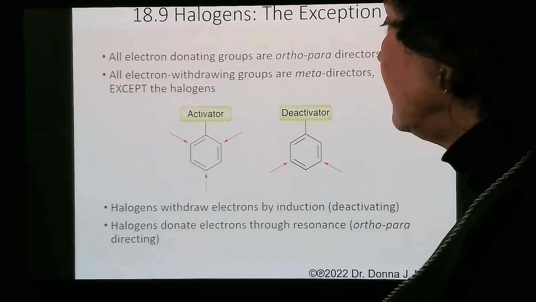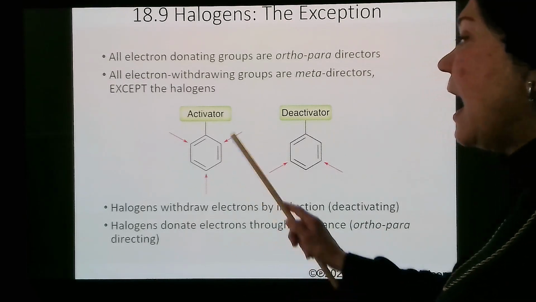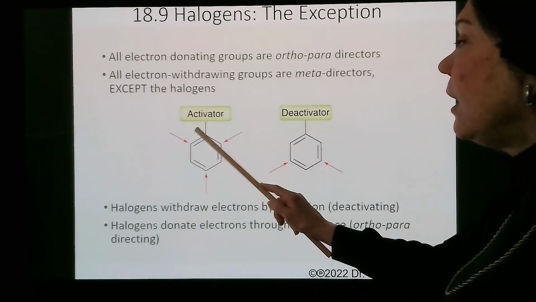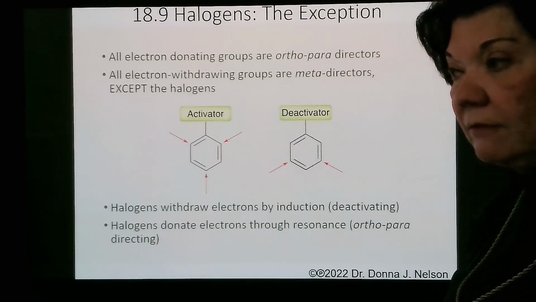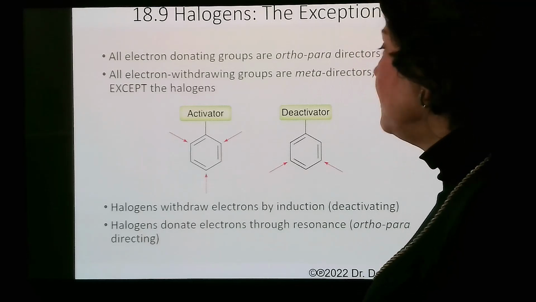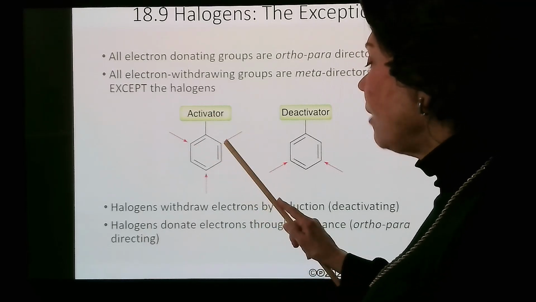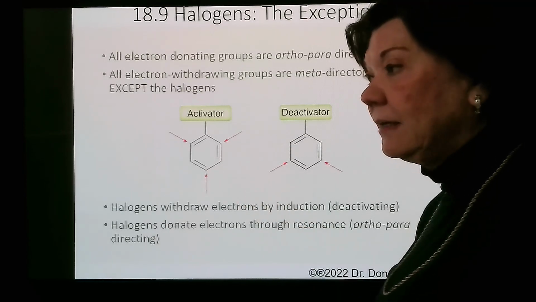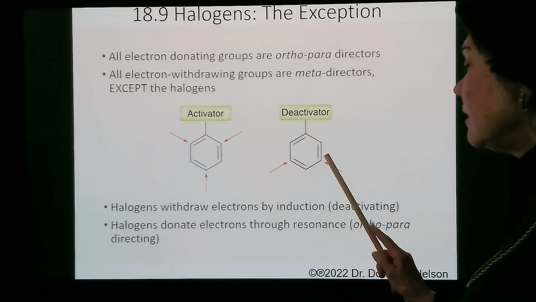So what we've seen so far is activating groups and deactivating groups, and except for the halogens, these groups all follow one pattern. An activating group is ortho-para-directing, and a deactivating group is meta-directing.